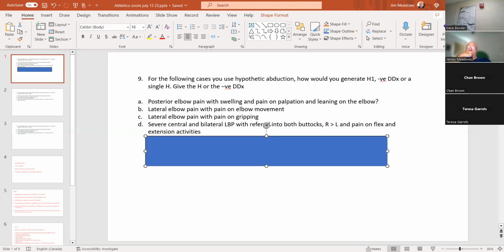What if you don't get that? You may have a straight leg raise, but it's not terribly limited, or you may not have a positive straight leg raise.